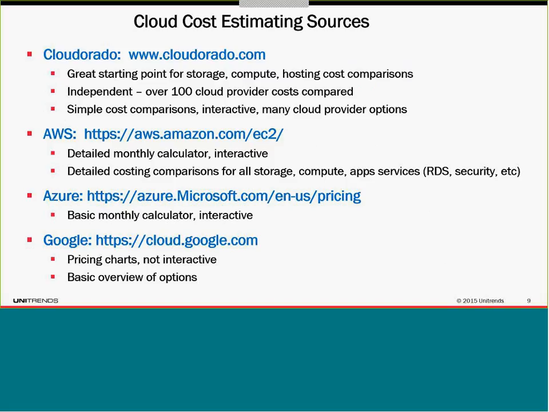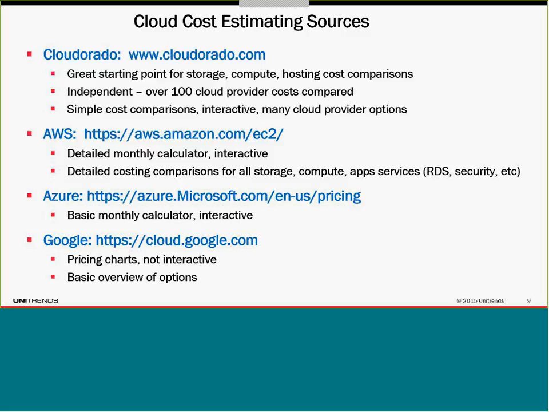Now, we've also talked about how do I estimate what it's going to cost for me to run in the cloud. And there are a number of interesting sites to do these quick hit cost estimations as well. One that I found quite handy is a site called Cloudorado. The URL, the web address, is up on the screen.